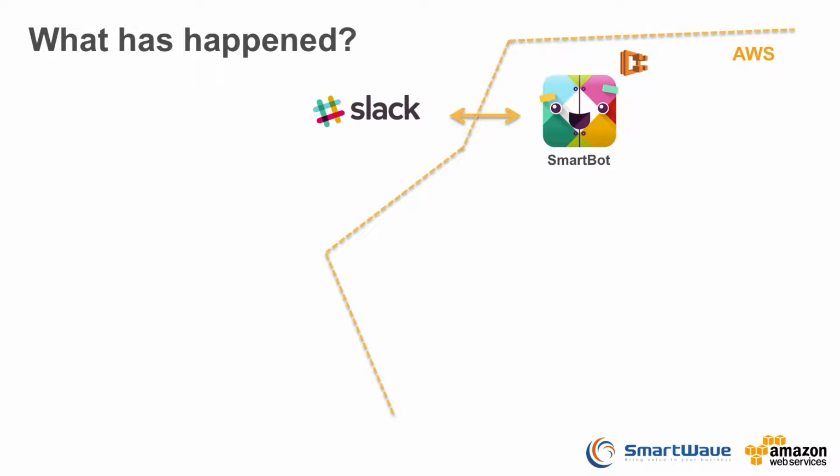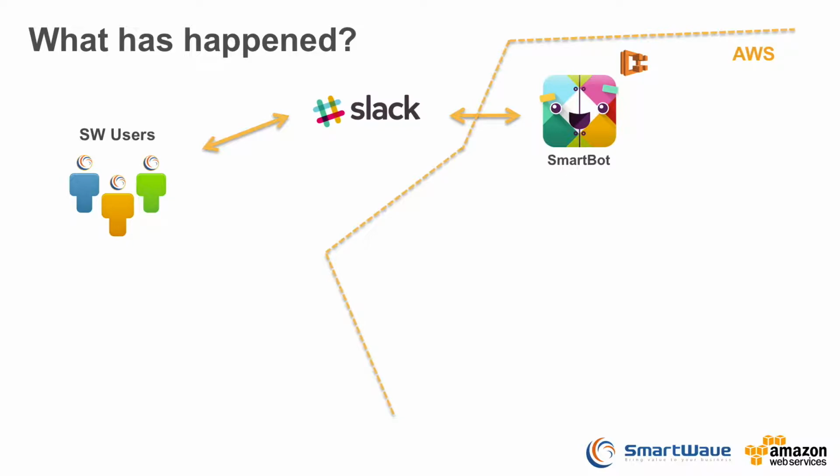So once this container is up, it connects itself to Slack, and this is how the SmartBot is up and running and live, and able to interact with other users. The other users here are SmartWave users that can interact with this bot.